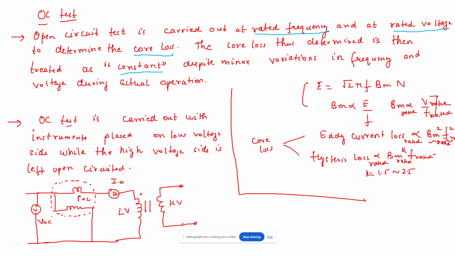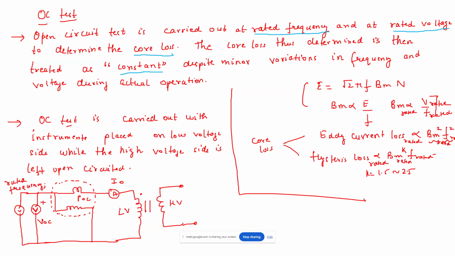These are the things which are measured from these meters. We connect a supply here. So let me just draw a supply. This is a voltmeter. This supply is at rated frequency and rated voltage, as I discussed in the first line.